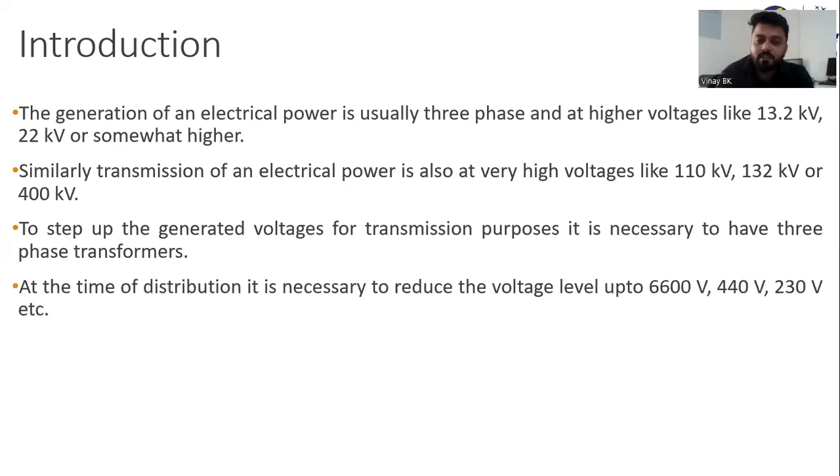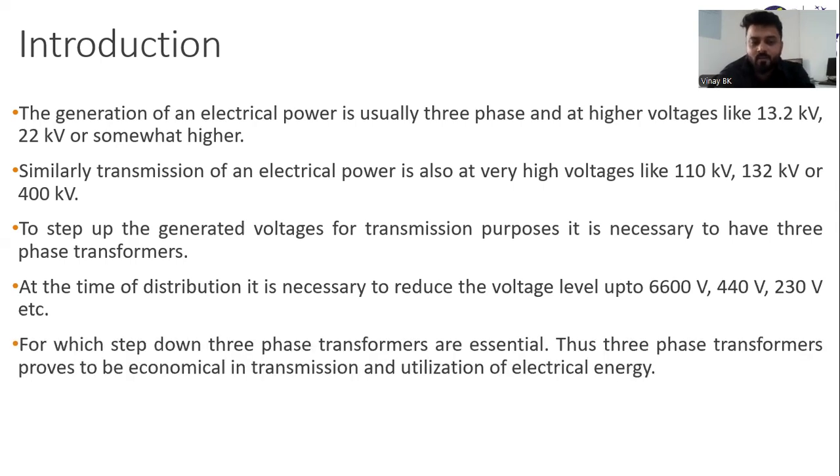And also, at the time of distribution, this three-phase transformer is necessary to reduce the voltage level from kilovolts to volts, that is from 6.6 kilovolts, or to reduce it to 440 volts three-phase. And for the supply which we get in our home, that is 200 or 220 volts, or else 230 volts, a transformer is required for that also.